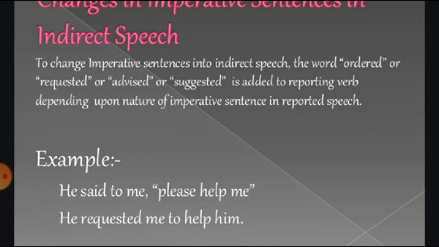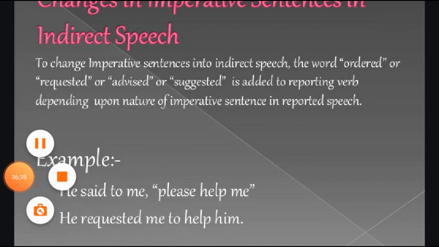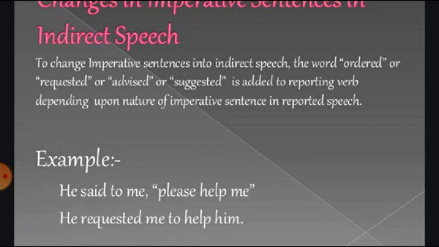So let me remind you, imperative sentences are those sentences which mostly start with V1, which either give order, request, advice or suggestion. So for this thing, this imperative sentence is used.